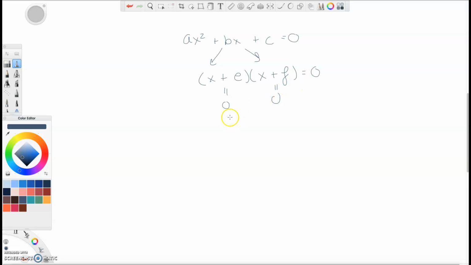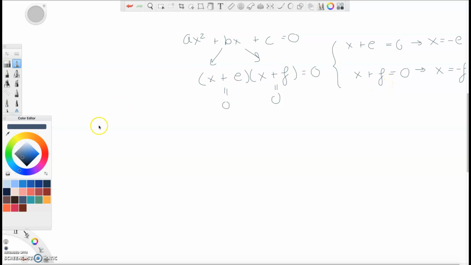This allows me to write out two equations: x plus e equals 0 and x plus f equals 0. This leaves you with x equals negative e and x equals negative f, and those are the solutions to our quadratic.